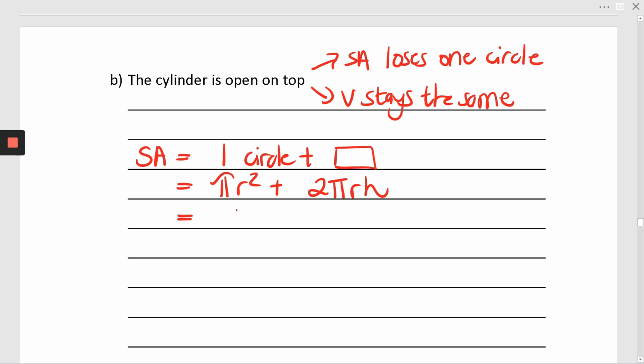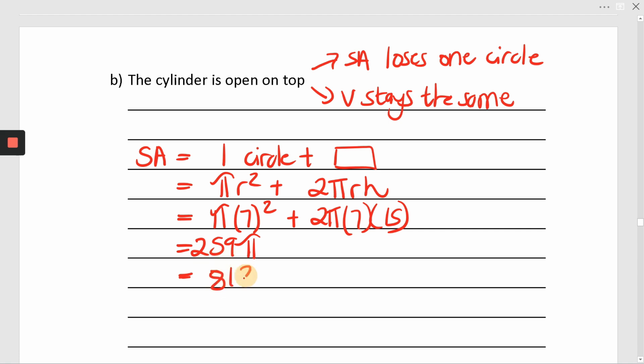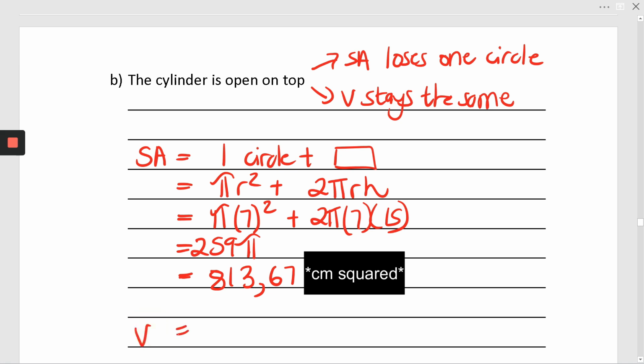It's just that when we're dealing with triangular prisms that we need to be aware that they are different. So 7 squared there and 2 pi times 7 times the 15. My answer will be in pi again. It will be 259 pi. And then when I convert that, it's going to be 813,67. The volume will stay the same, and it will still be 2309,07 cubic centimeters.